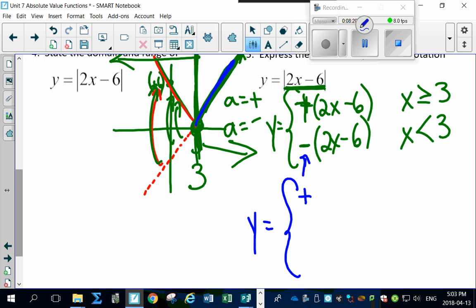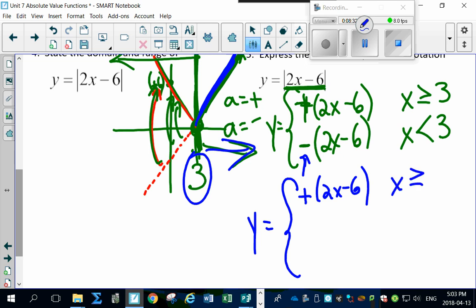The part that was not flipped was from this 3 going that way. So the part that was not flipped was the 2x minus 6. That was the original graph. We didn't flip it. That happened when x was greater than or equal to 3. The part that flipped, and we'll just distribute that in there now, giving you minus 2x plus 6, was the part that was x less than 3.